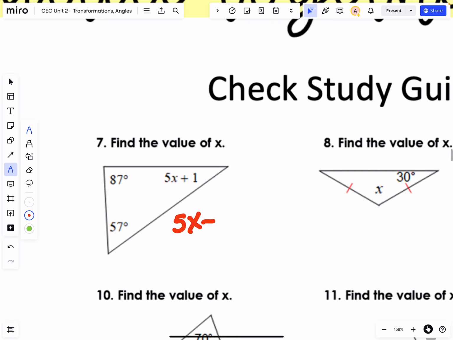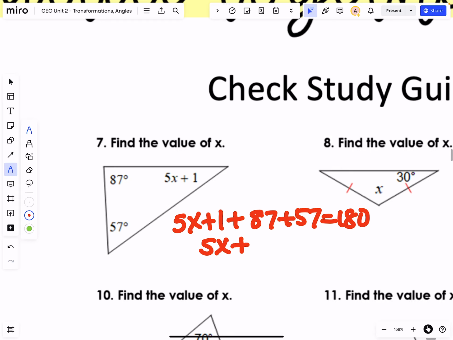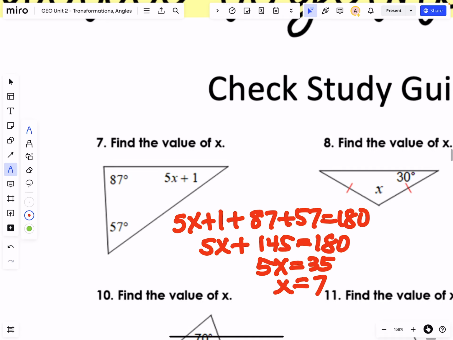So 5x plus 1 plus 87 plus 57 will equal 180. Add your like terms. So 5x plus 145 is equal to 180. Subtract the 145 from both sides. We would get 5x is equal to 35, and x is equal to 7. And in this case, that's all we're asked to do: find the value of x.